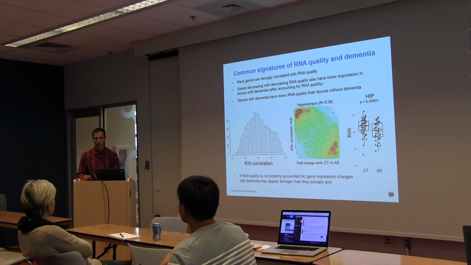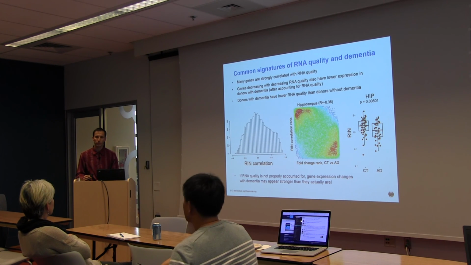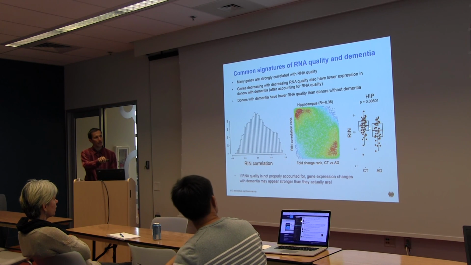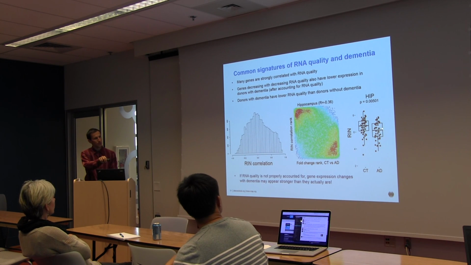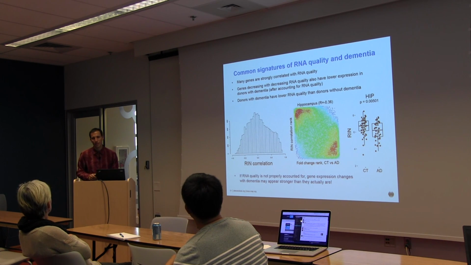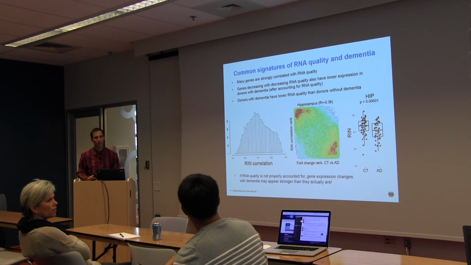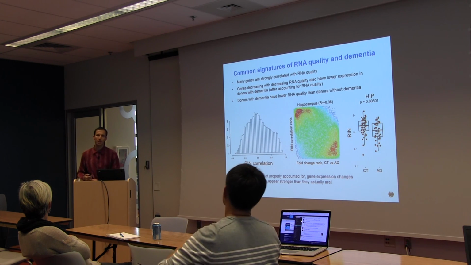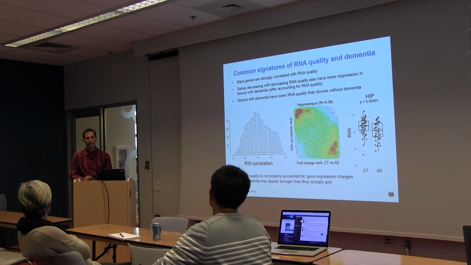Did all the dementia patients have low RNA quality? No, so that's what this plot is. It's very highly overlapping, but they're slightly lower in dementia than control as a whole. What affects the RNA quality? So that's a whole other discussion. We measured the RNA quality using the RNA integrity number.